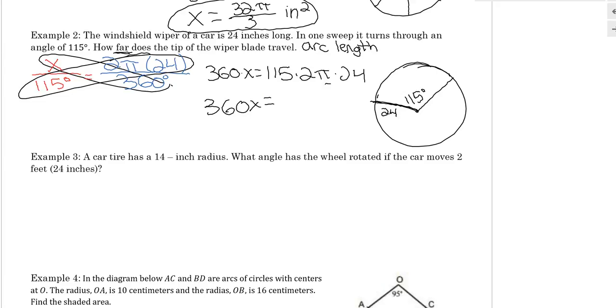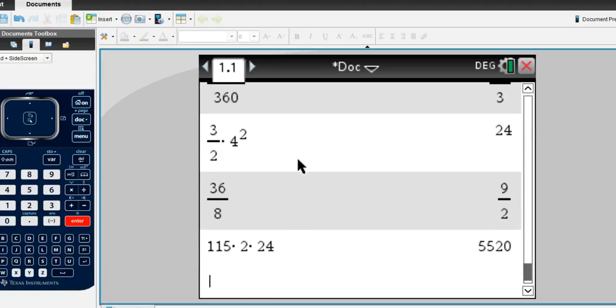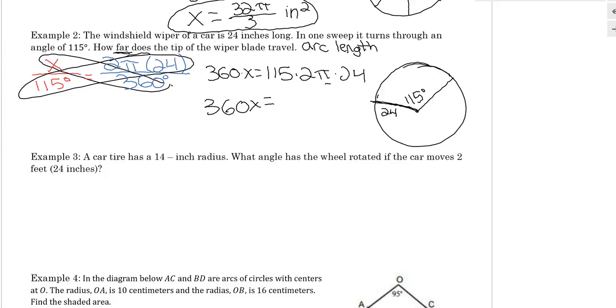So 360x equals 115 times 2 times 24 is 5,520 pi. This is a 24 there.